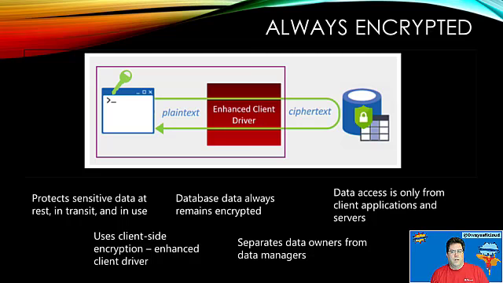So if you ask why wouldn't I just turn this on by default, because I want my data encrypted from end to end and always stay encrypted? You might have an application that can't present that data. So it's important to understand what the requirements are for utilizing Always Encrypted within your environment.